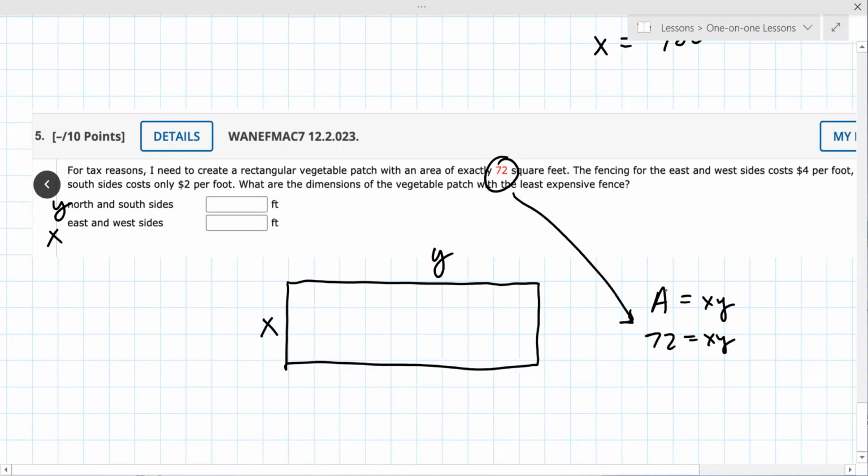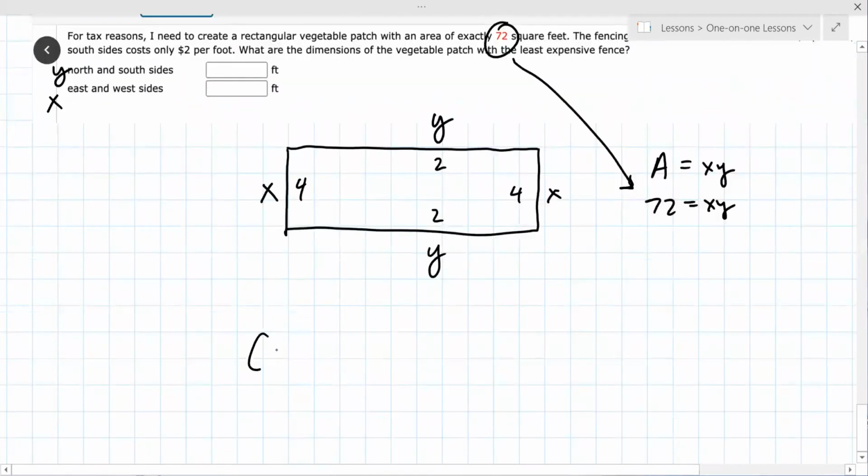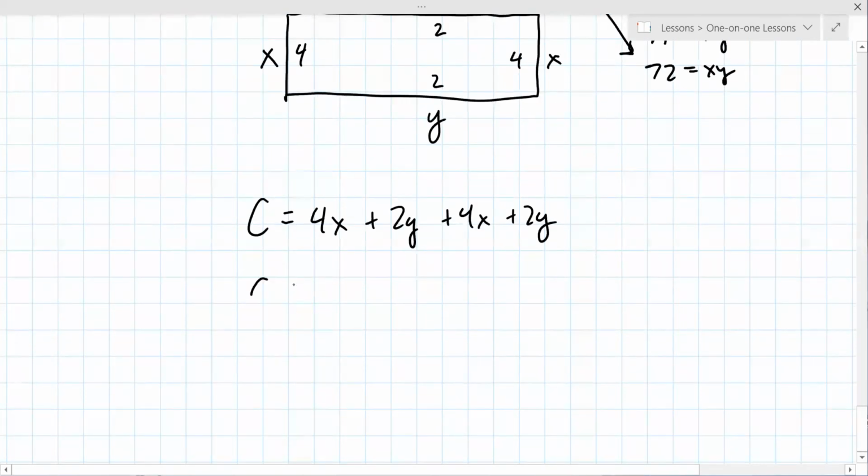Okay. The east and west sides cost $4 per square foot, and the north and south sides cost $2 per square foot. So what is our cost equation? It's 4x plus 2y plus 4x plus 2y. It looks a lot like the perimeter cost equation we had before, 8x plus 4y. So we're going to take a derivative of this and set it equal to 0.